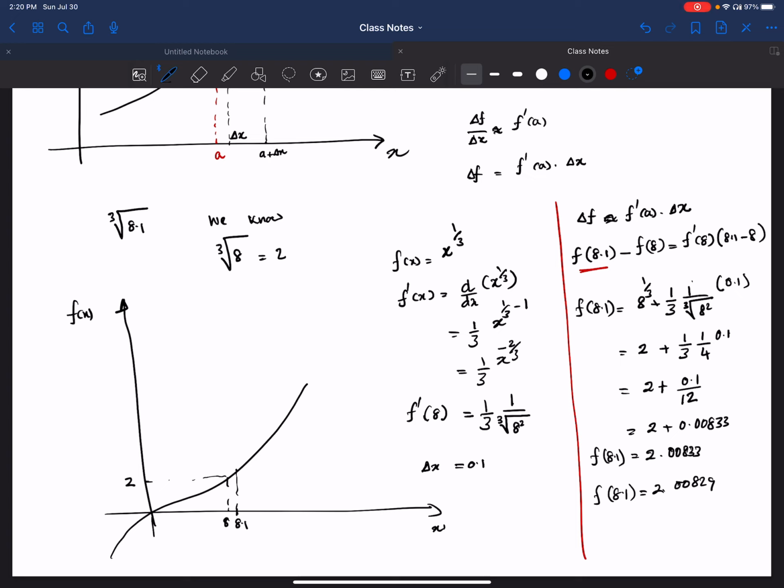That's pretty close to what we got, 2.00833. So this is the calculator value.